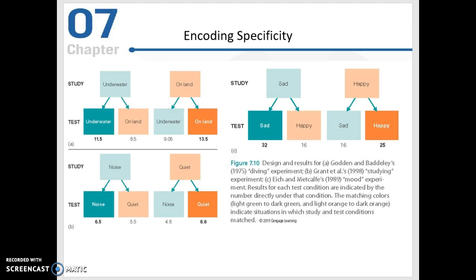So it's not only the exact place where someone learned something, but also the situations and circumstances under which someone learns something. So the encoding could happen, if you look at section B, in a noisy environment versus a quiet environment. And again, at the retrieval phase, if it was the same circumstances or situation, the participants performed better.